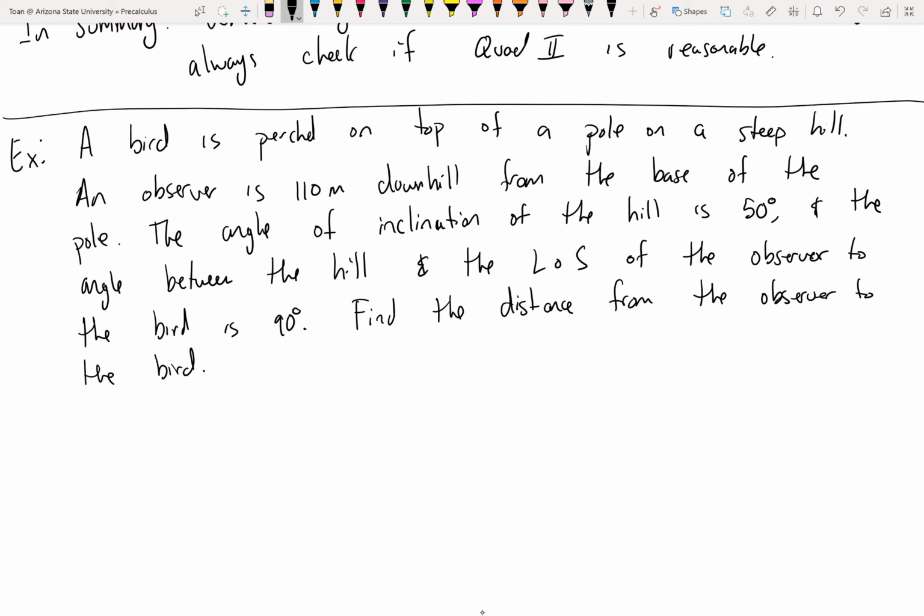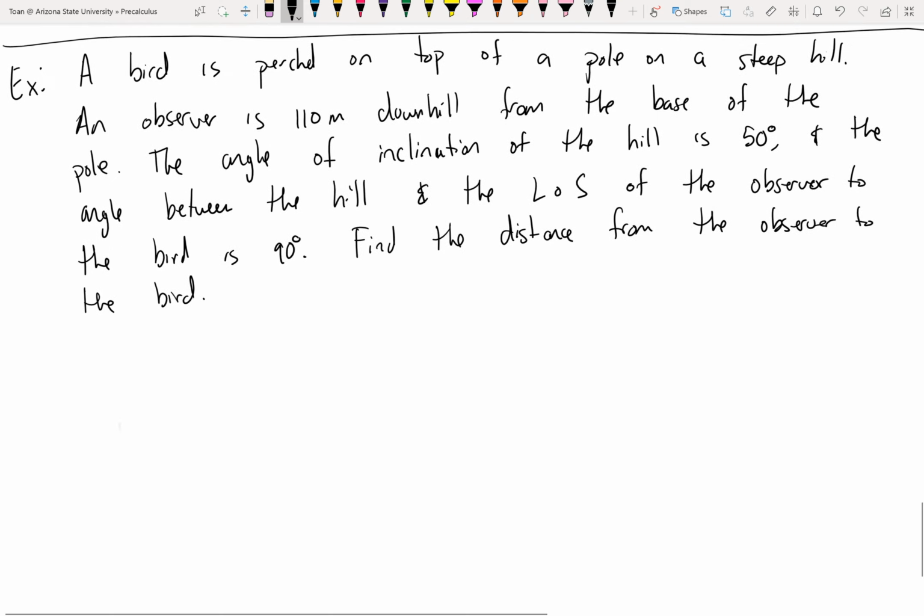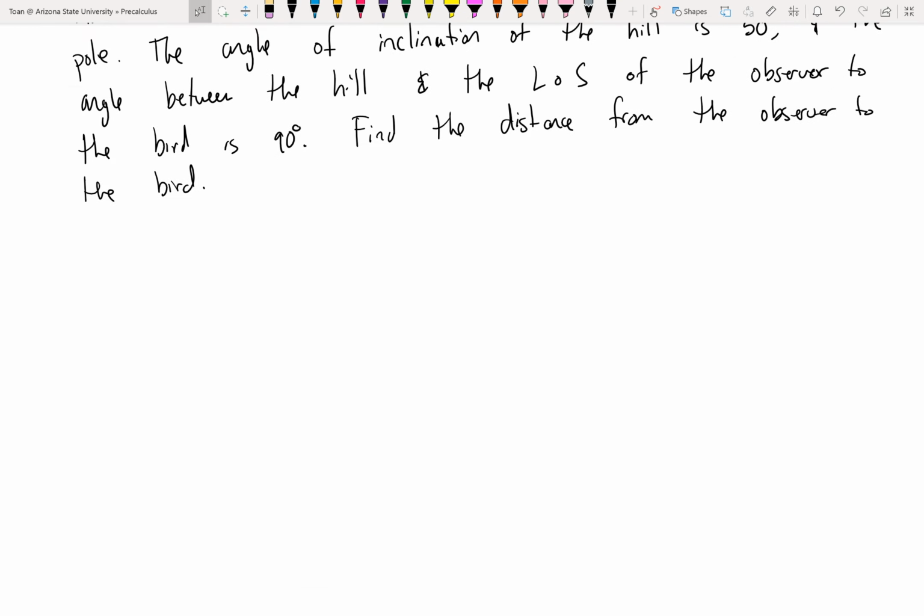Lots of information going on here. Definitely we're going to have to draw this out. Right. So if you need time to copy down this problem, just pause the video. I'm going to scroll down to give myself some room. So they tell us we have a hill. So here's a hill. And on top of it is a pole. So there's the pole.